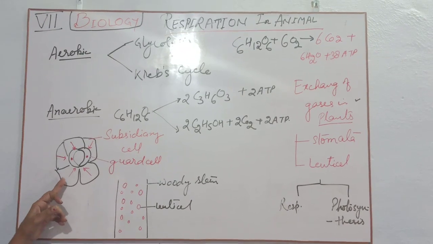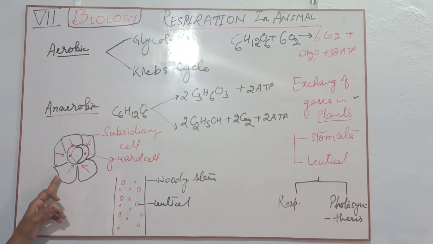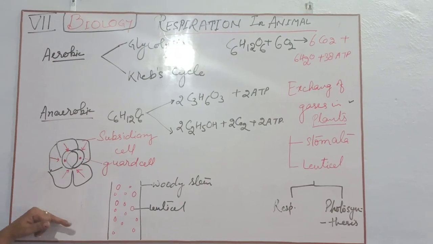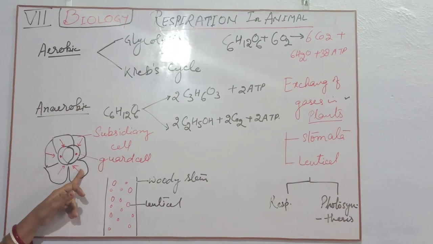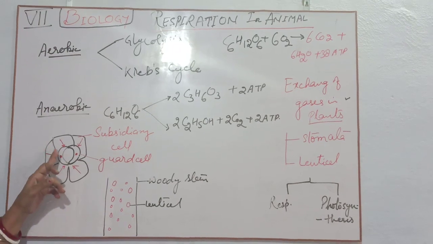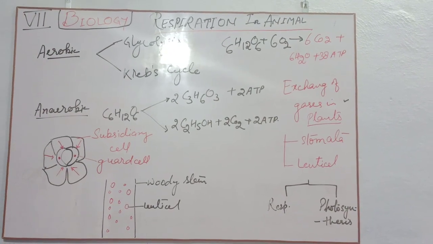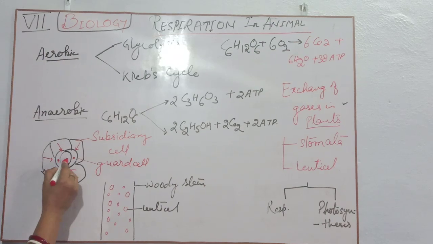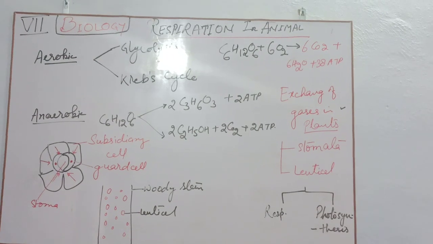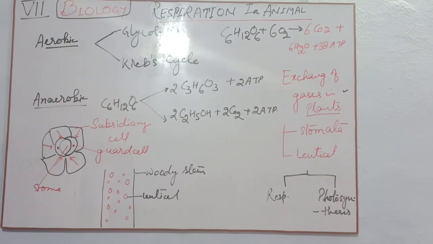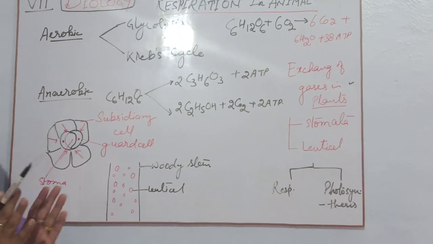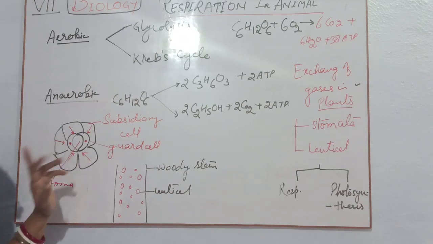They help in the intake of water molecules to make them turgid, or help to take them out to make them flaccid. Guard cells are turgid during the daytime, so the guard cells remain open and the stoma is open in the daytime. This is the stoma. In the evening, when there is no transpiration, the guard cells become flaccid and come close to each other, and the stoma closes.